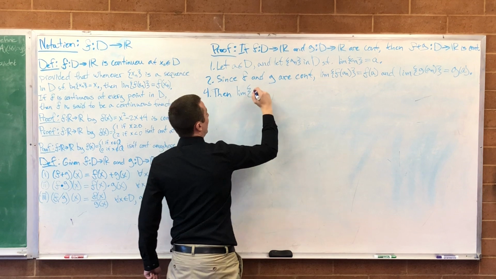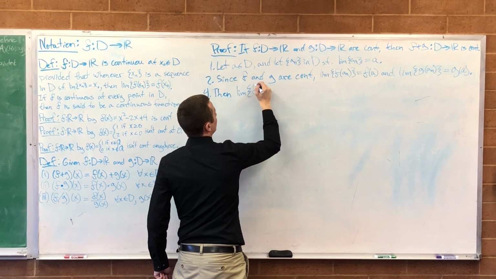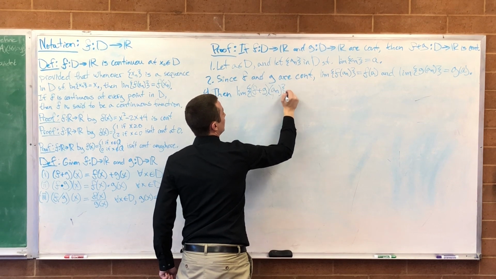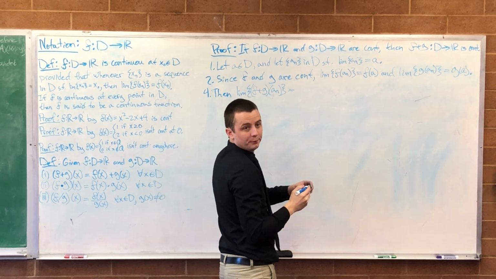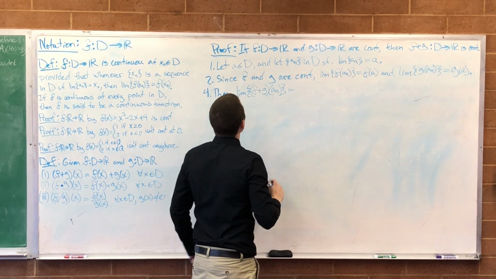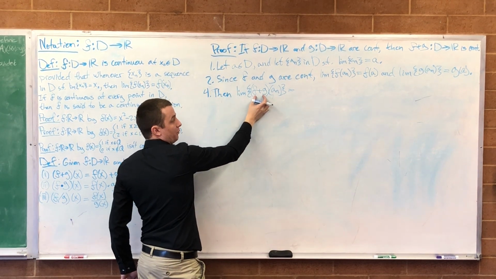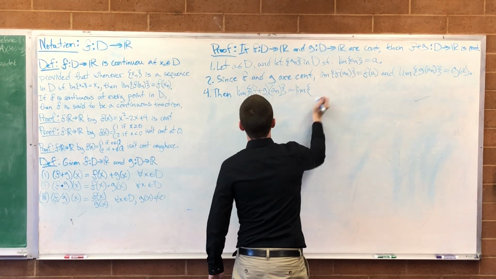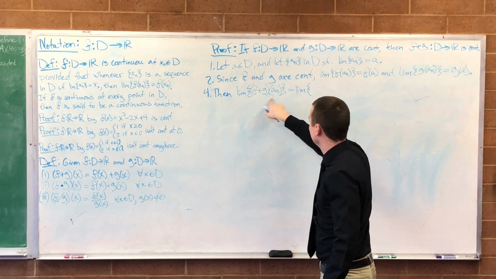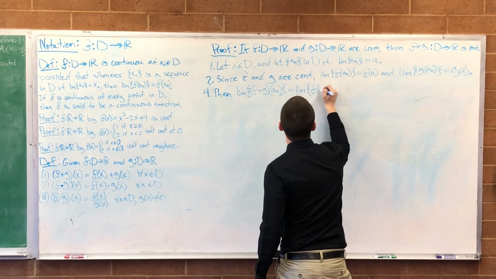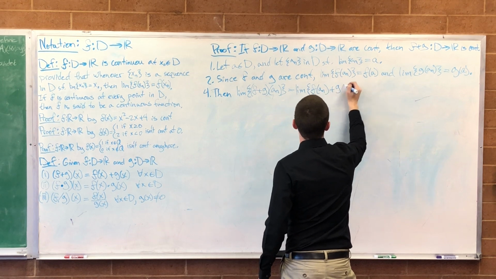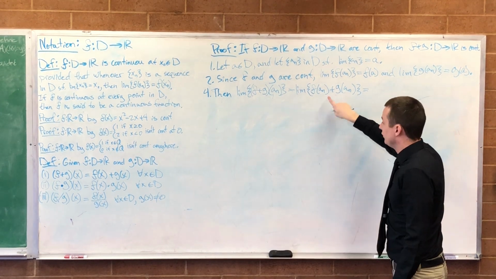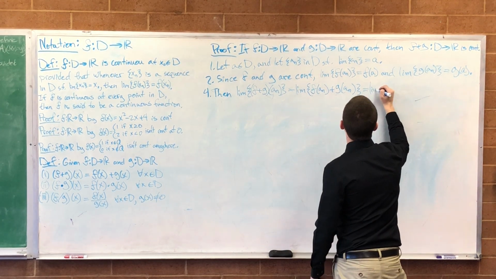Then the limit of (f plus g) of a_n is equal to, using our definition of this, what is (f plus g) of a_n? It's just f of a_n plus g of a_n, and the limit of a sum is equal to the sum of the limits.